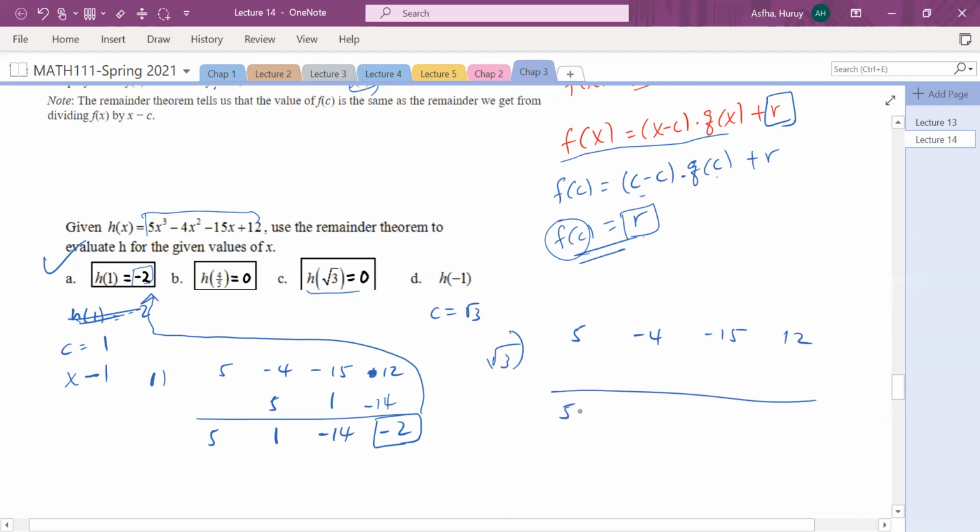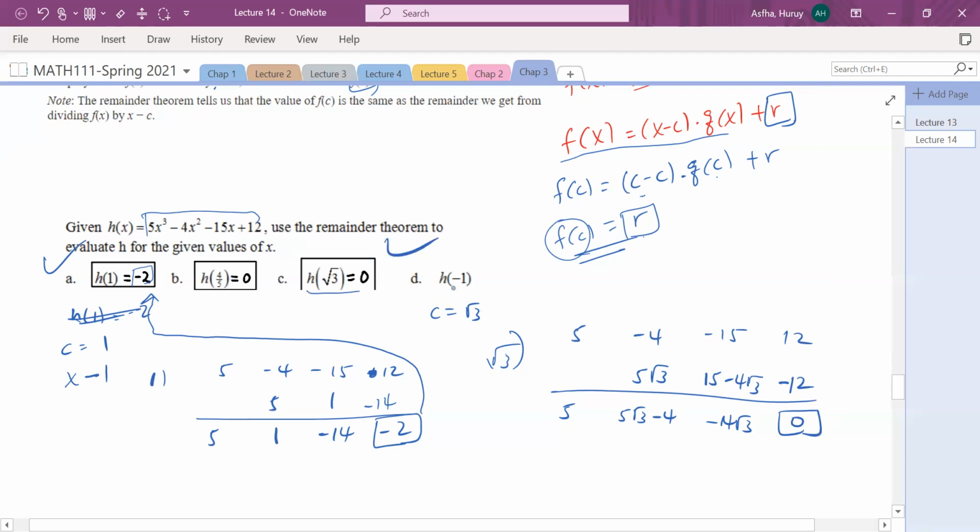We have 5. 5 times this one is 5√3. And then if we add this, we get 5√3 minus 4. And then if we multiply this, it will be 15 minus 4√3. And then if we add this, we get negative 4√3. Then this one times this, it will be negative 12. And again 0. Okay. And as you can see, this is again true.